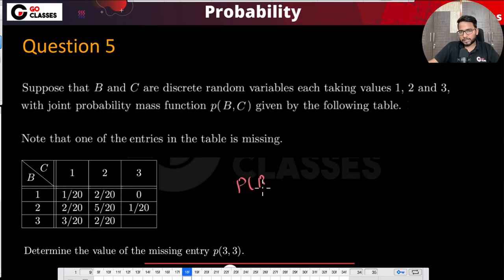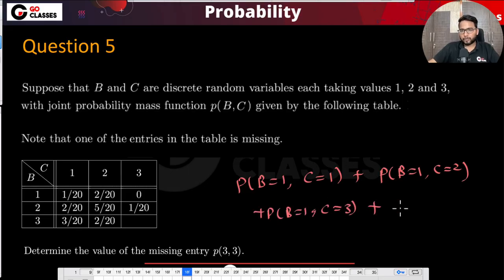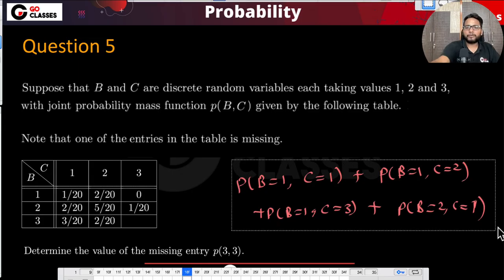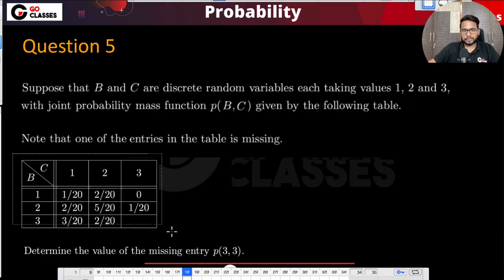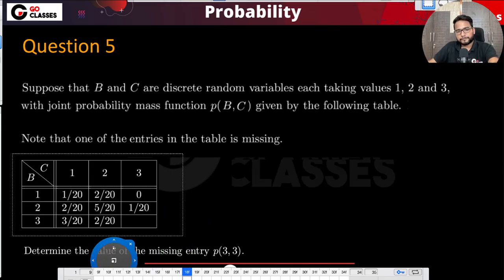Basically, if I say probability of B equal to 1, C equal to 1, plus probability of B equal to 1, C equal to 2, plus probability of B equal to 1, C equal to 3, plus probability of B equal to 2, and so on, if I add all of these probabilities, won't it give you 1? Okay, maybe I can go to the next page and try explaining it again.